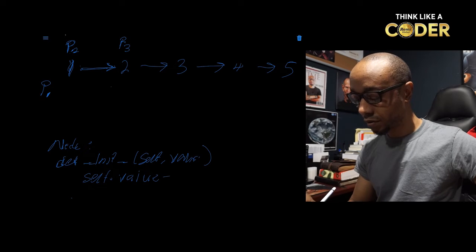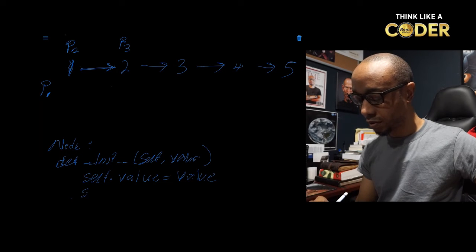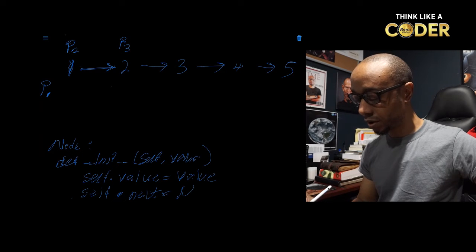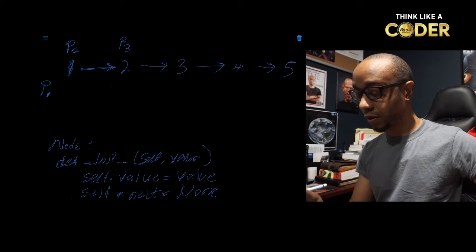Self.value will be equal to value, and we always have a way of tracking our .next pointer, which in this case, when you initialize it, is None. But we don't have a previous pointer. We don't have any way of referencing the previous node, so how do we track this?